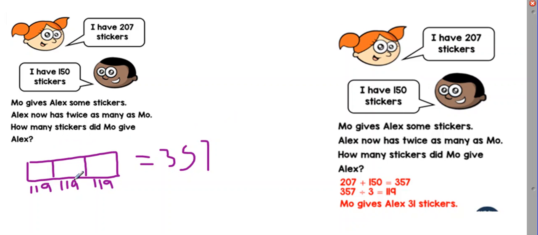So, each of these is worth 119. So we now need to find the difference between 119 and 150. So the difference between 119 and 150 is 31. So Mo gives Alex 31 stickers. Well done if you got that correct.